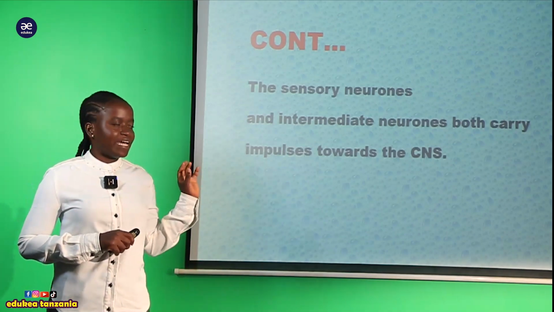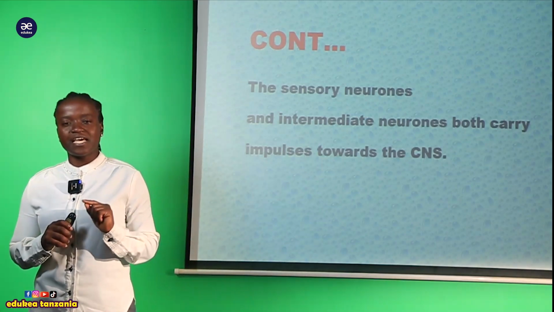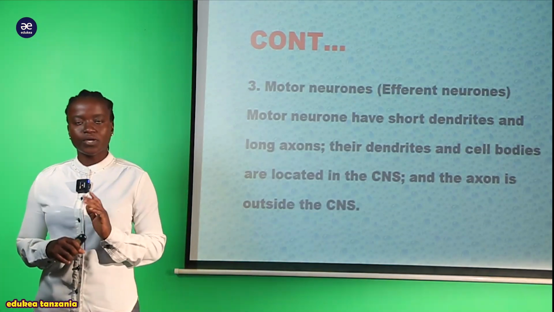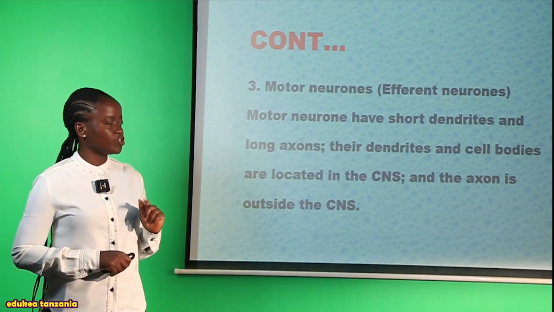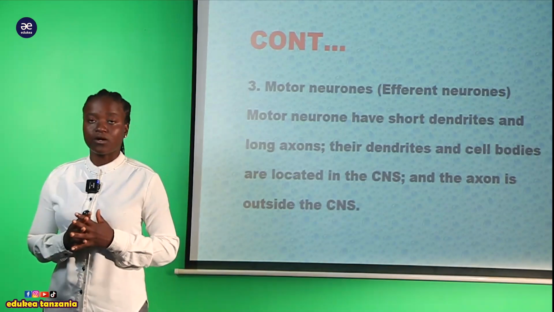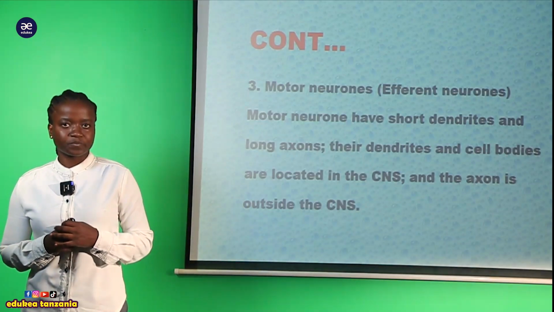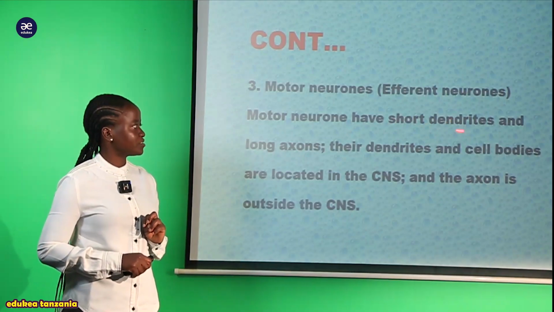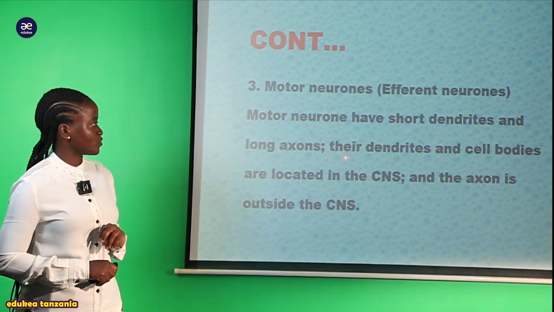And apart from the interneuron, we also have another type of neuron, and this is the motor neuron, or we can call it the efferent neuron. So what is this now, and what is its function? Here we are saying that this motor neuron has short dendrites and a long axon.